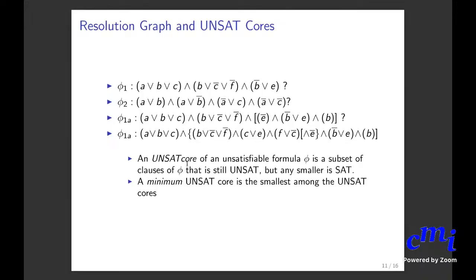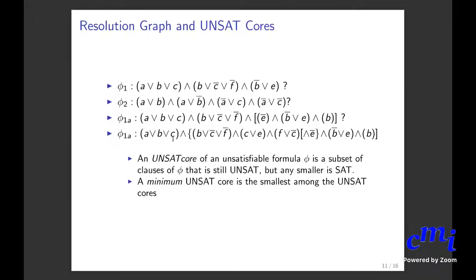SAT solvers like Z3, besides giving you results SAT, unsat, valid, and in the case of SAT giving the model, can also give an unsat core if it is unsat. Sometimes it may give the minimum, but it certainly gives an unsat core.